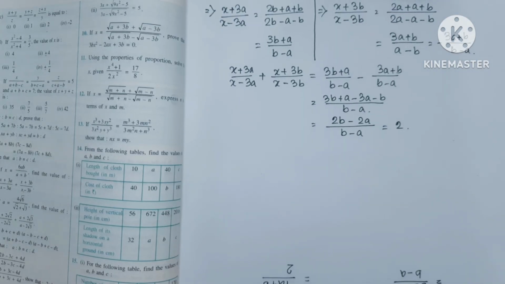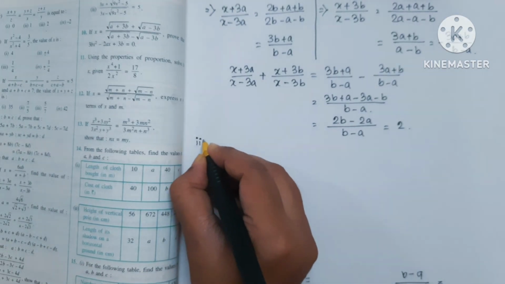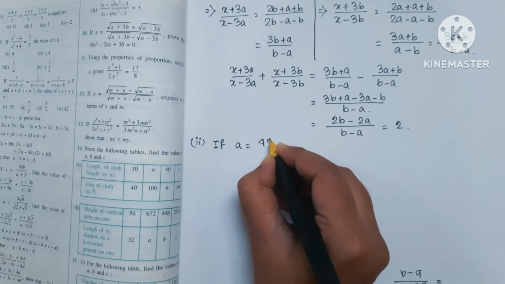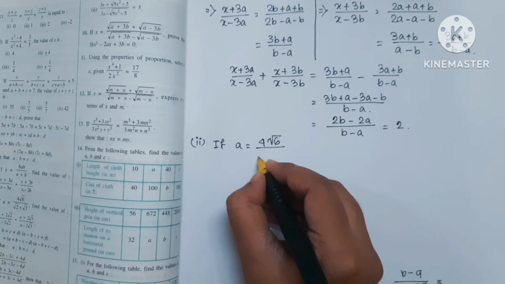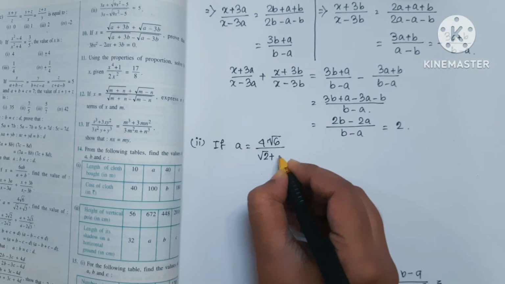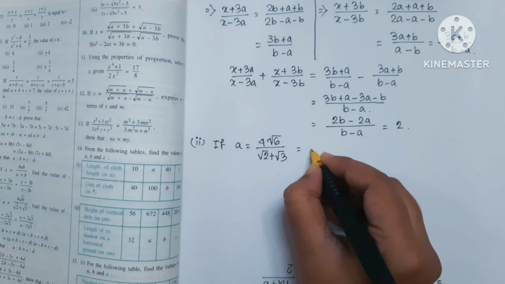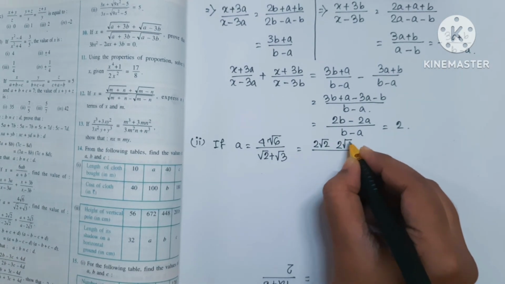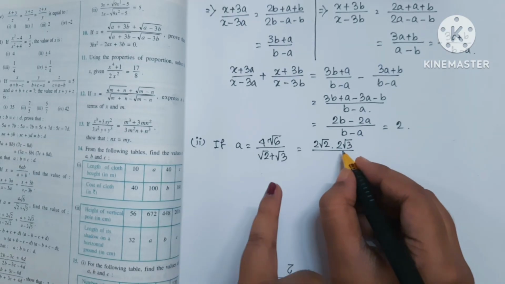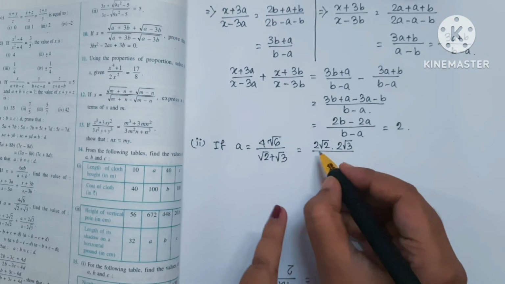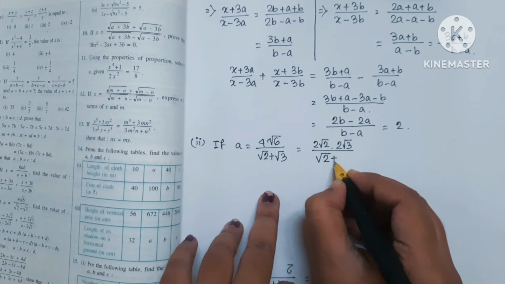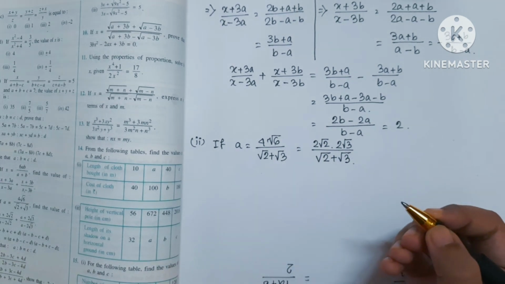Now next question. See the next question. Similar way you have to do. If a is equal to 4 root 6 by root 2 plus root 3, so you can write 2 root 2 into 2 root 3 — root 6 means root 2 into root 3 — so 2 root 2 into 2 root 3 by root 2 plus root 3, right?